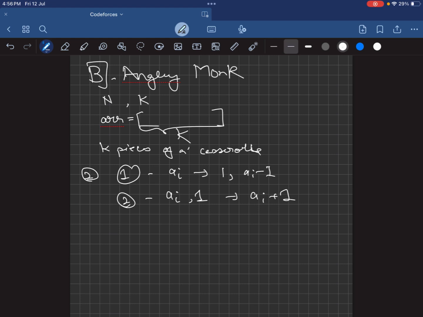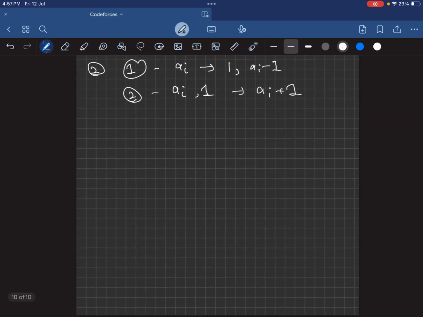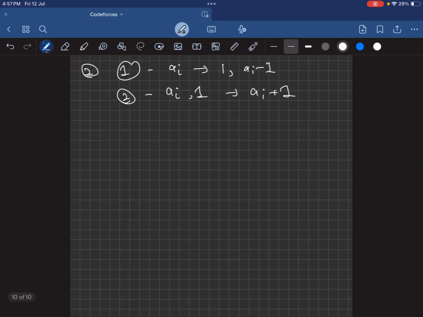Okay, so now when we want to merge the casserole, since we can pick any two pieces, we can take all the pieces of size 1 and join them into the biggest piece.